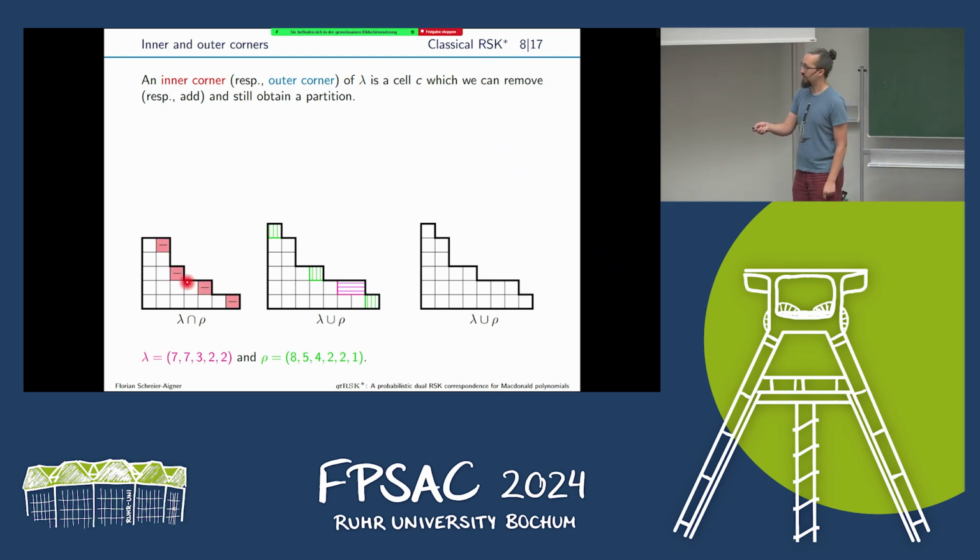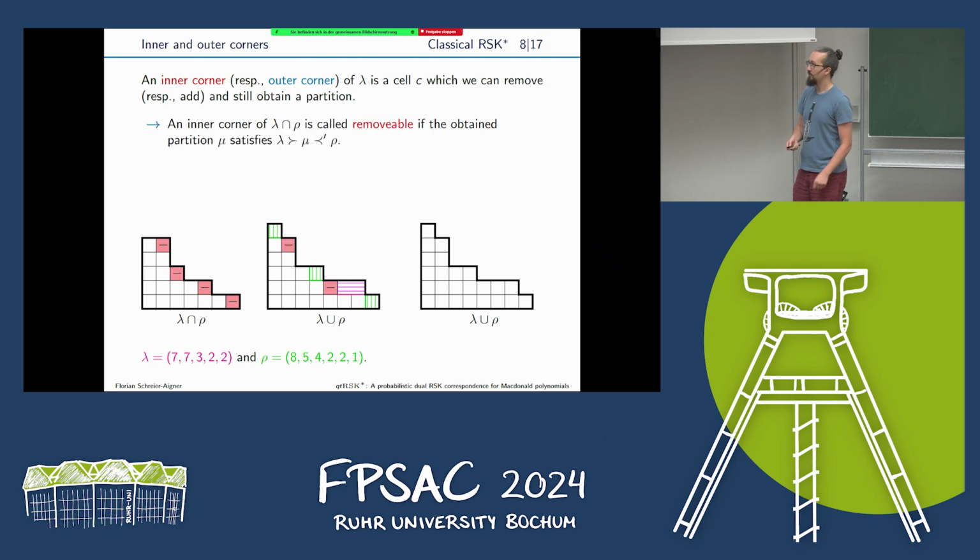And so here are all the inner cells of the intersection, but not all of them. We are not allowed to remove all of them. The condition we had beforehand basically says that we're only allowed to remove these cells with the minuses, which form vertical strips together with the green parts, or horizontal strips together with the red parts. This is the reason for this shading. And all the mu's which satisfy this condition correspond to subsets of these removable inner corners, as we call them.